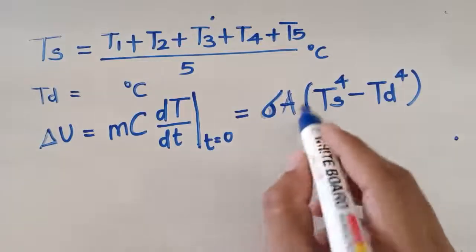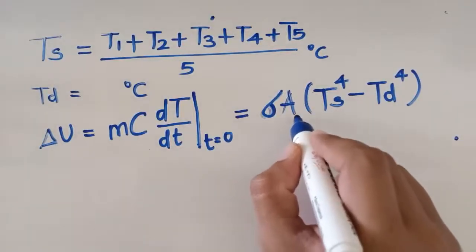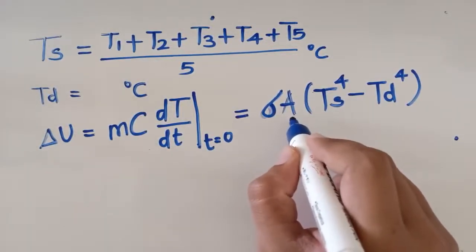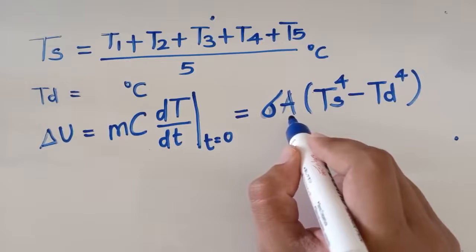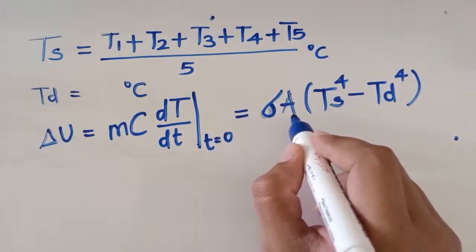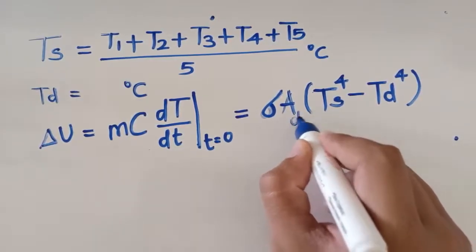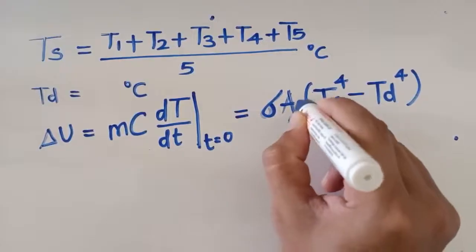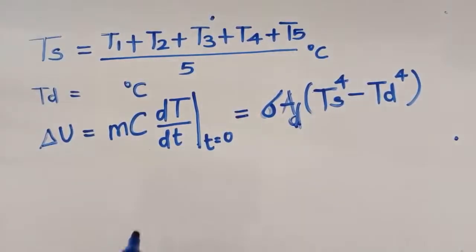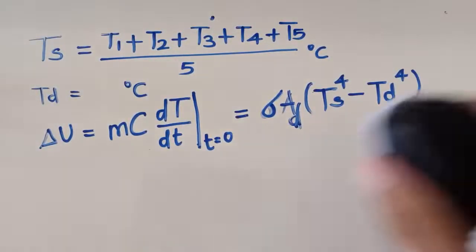All right. Now, in this case, what about this area? Which area should we take? Whether we should take the entire area of the hemisphere, or we should take the disk, or we should take the average area? What should we do? Actually, this will be only the area of the disk. Why only the area of the disk? Because, excuse me, let me just rectify this.